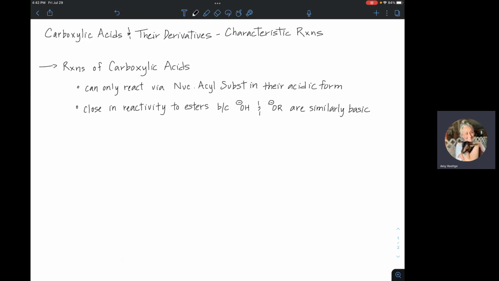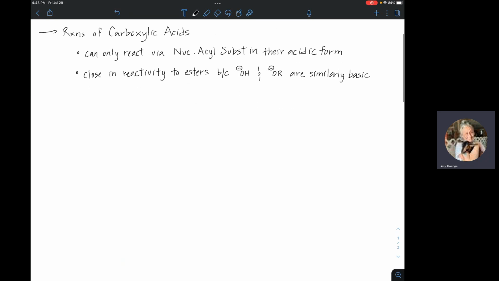The pKa of water is 15.7. The pKa of an alcohol is around 15 or 16, something like that. So they're similar in basicity, so they have similar reactivity.